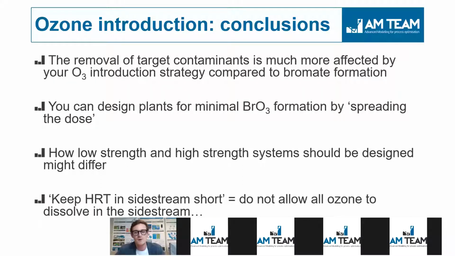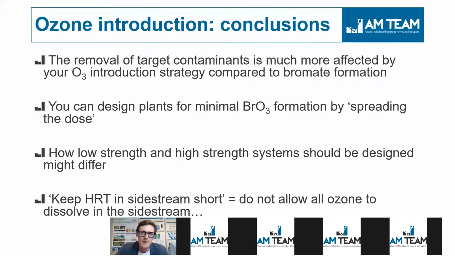But of course, I have to go to the third point. I think our team actually thinks, working with all these different plants, drinking water, wastewater, some are industrial water, it really depends on the matrix a bit how your ideal plant would look. And there can be some subtle differences that can have huge impact because it all depends on your matrix and how your local ozone, so not the overall ozone, but your local ozone builds up in the system.